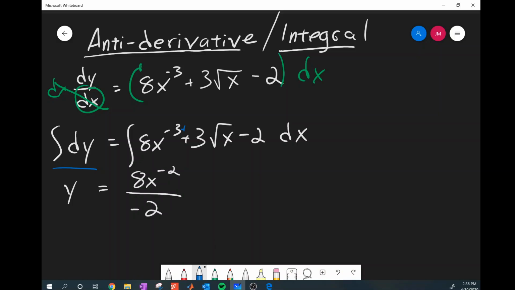Now if you remember, 3 square root of x is really just 3x to the 1/2. So I'm going to add 1. So I'll get 3x, 1/2 plus 1 is 3/2. And I'm going to divide by 3/2. And then negative 2, here's a little shortcut for you.